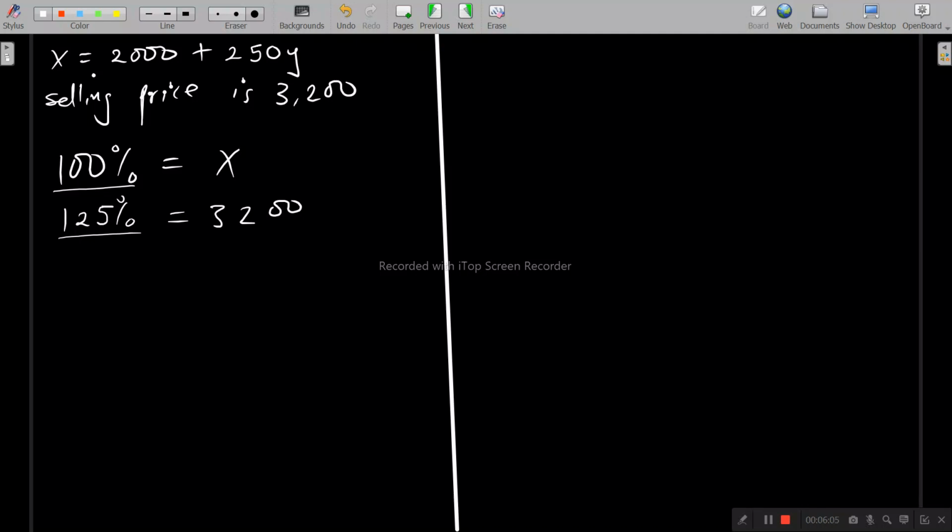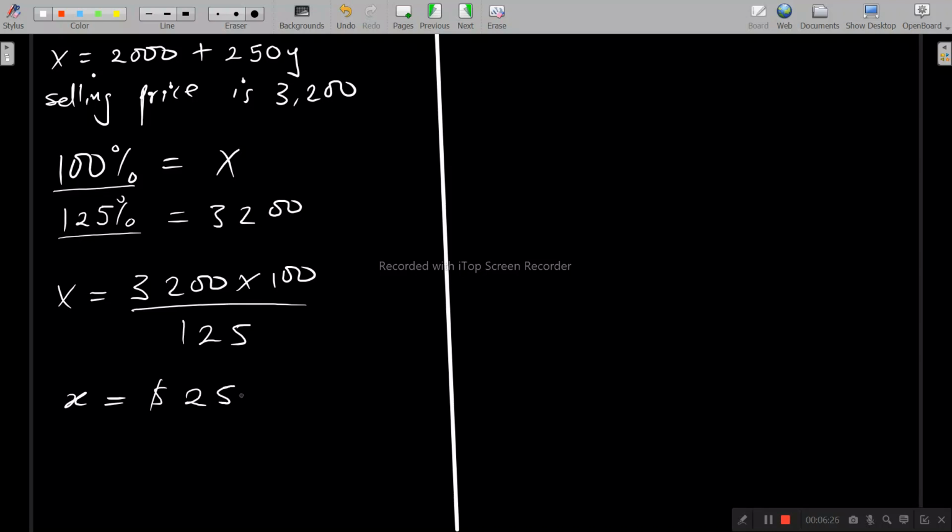So x will be 3,200 multiplied by 100 over 125. If you solve this, you get x equal to $2,560. That's the total cost price of both the 1,000 liters and the more expensive 250 liters.